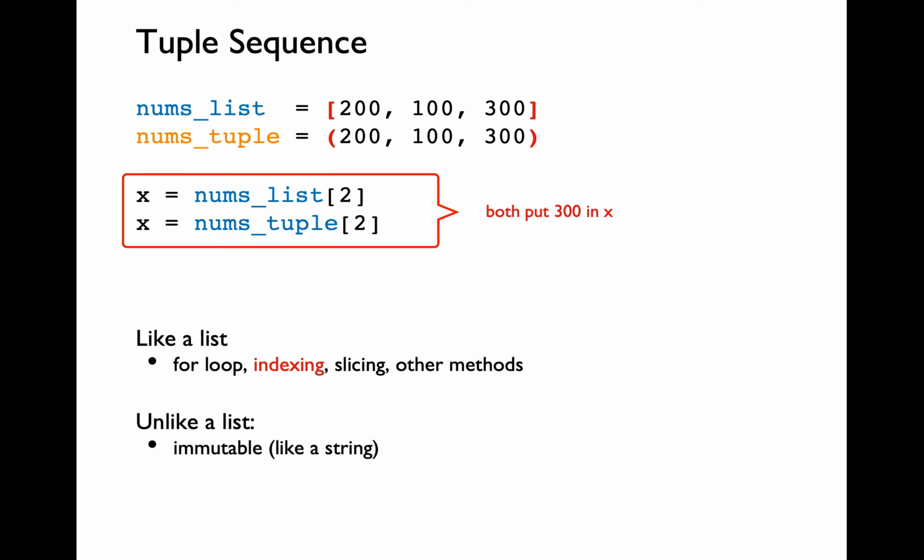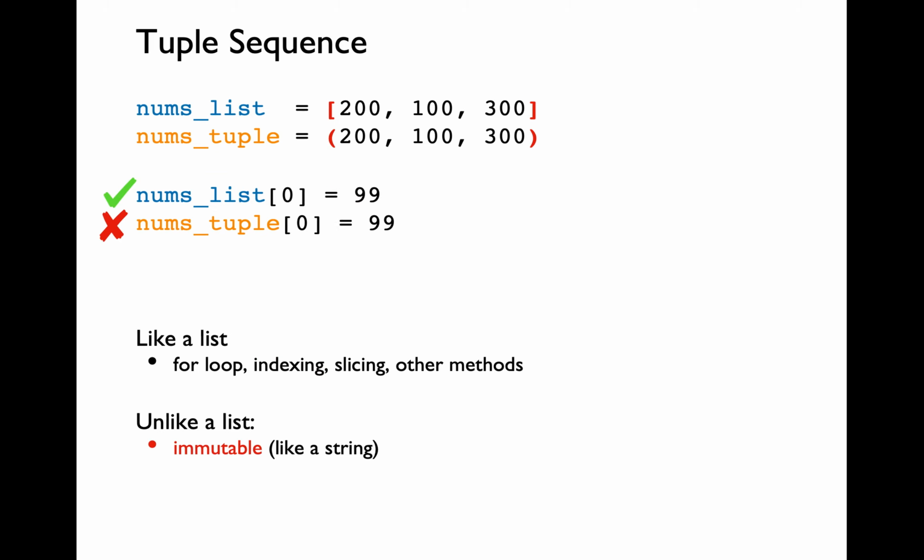Just like you can perform indexing to extract a certain item at a specific index position from a list, you can perform indexing to extract the item at a certain index position with a tuple as well. Unlike extracting an item using indexing, you cannot use a tuple to update the item at a certain index position. That's because tuples are immutable.